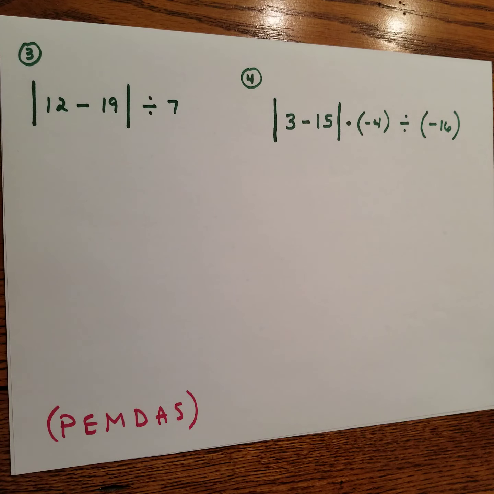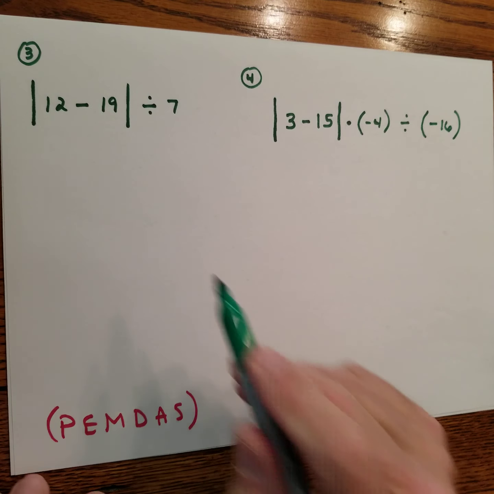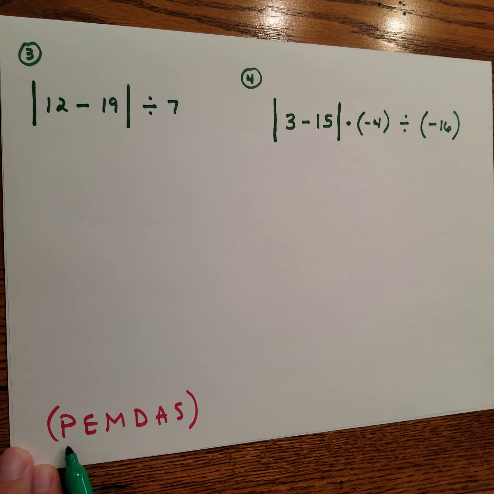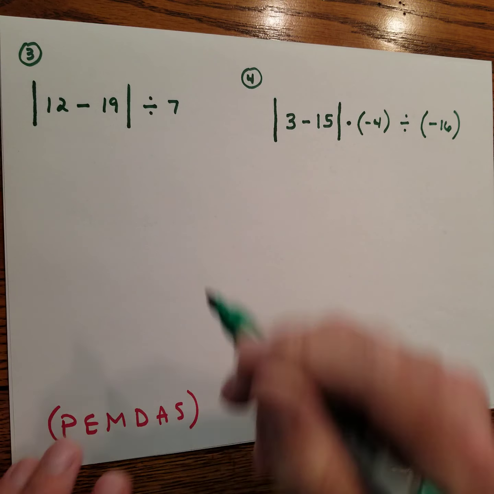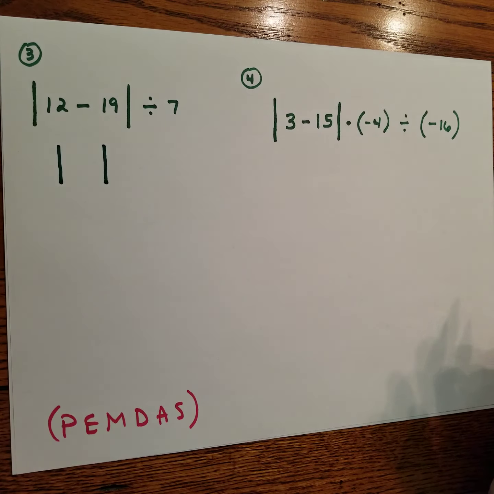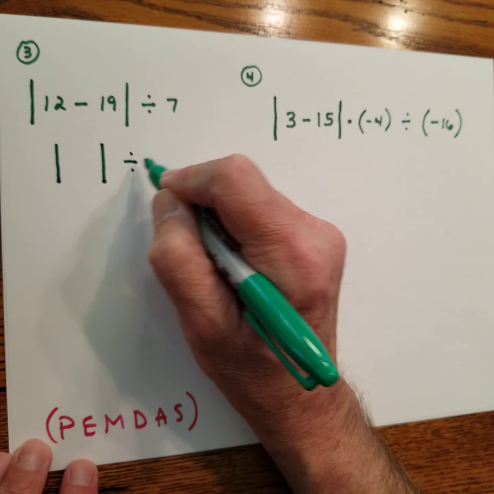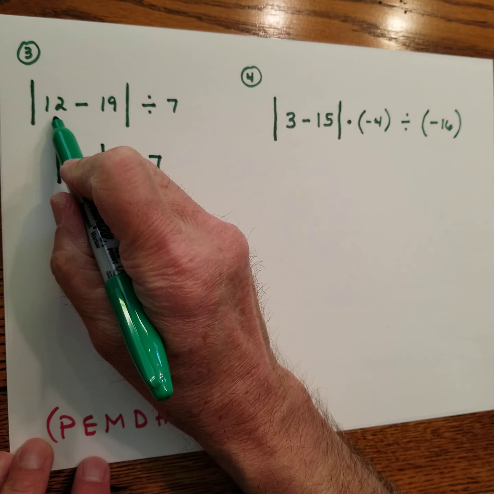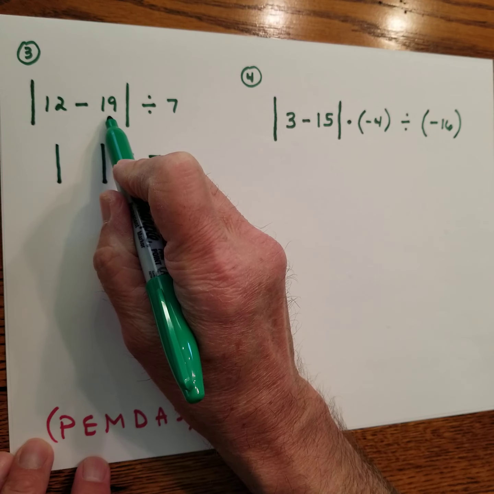Now number 3 has absolute value signs. Absolute value signs are also grouping symbols like parentheses. So we should work in there first. We'll work inside the grouping symbol, copy everything else. Inside of the grouping symbol, 12 minus 19.